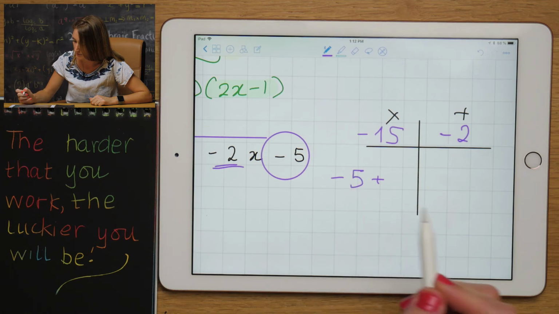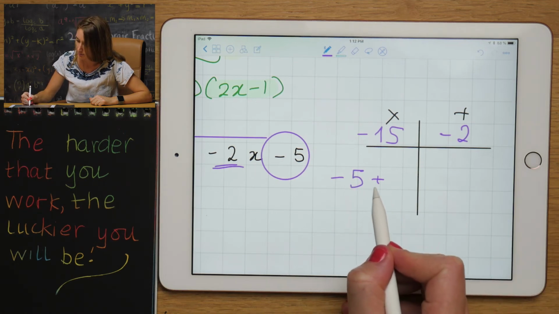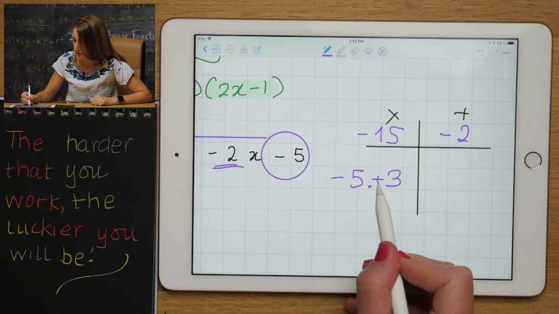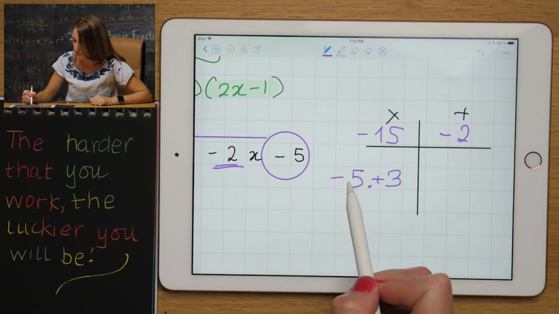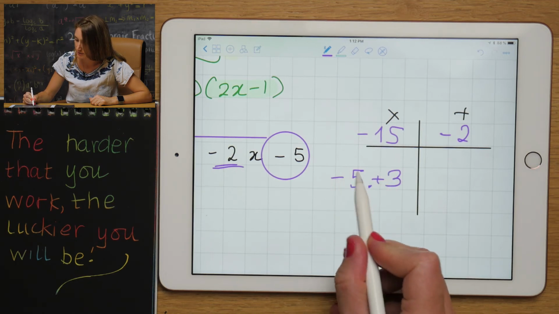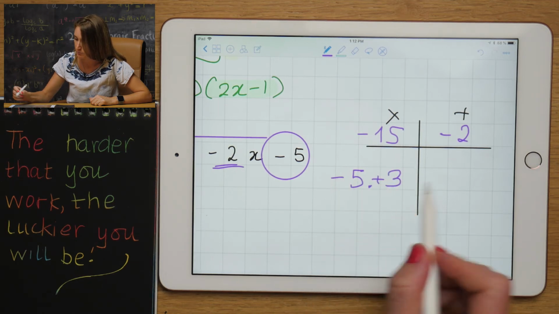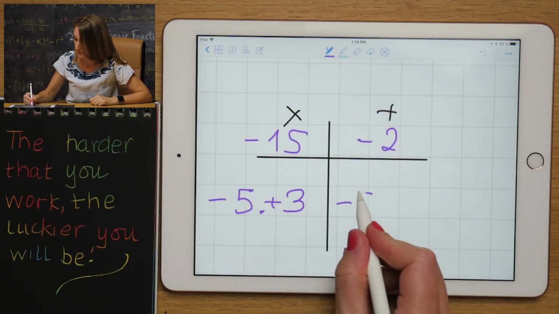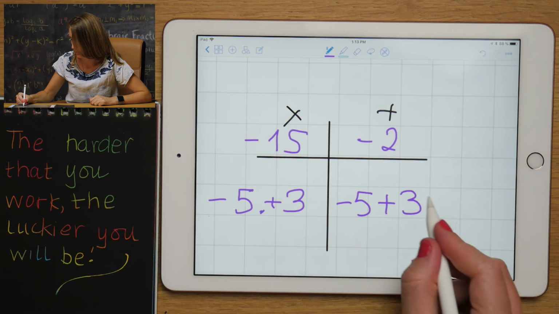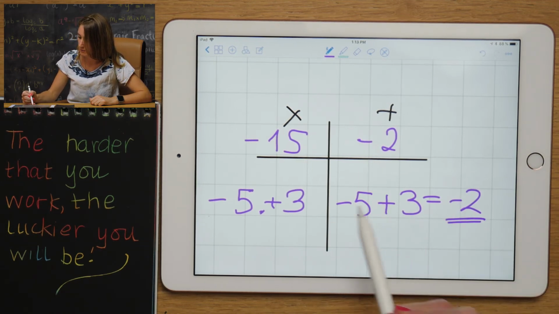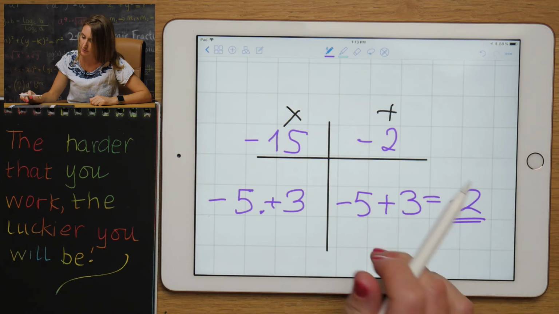So the negative number will be 5, and the positive number will be plus 3. Because minus times plus will give me the minus, 5 times 3, 15. And when I add them together, if the minus number is the higher number and the positive number the smaller, that will give me the minus number here. So here, minus 5, add 3 will give me the minus 2. If I wanted plus 2, I would have put the minus on the 3 and the plus on the 5.